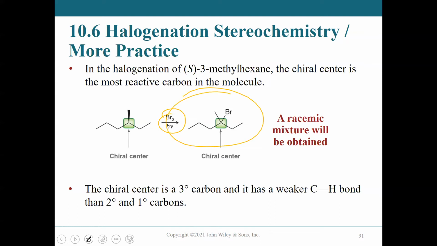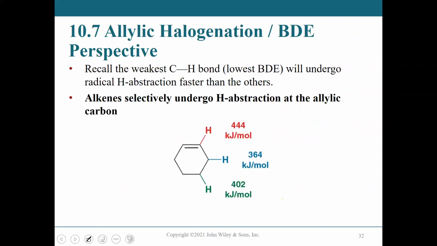And since that bromination creates a chiral center, it will produce a racemic mixture, meaning that both products will be obtained. The chiral center is a tertiary carbon. It has a weaker CH bond. We went over that already. The radical will always target the weakest bond that is present in your substrate.